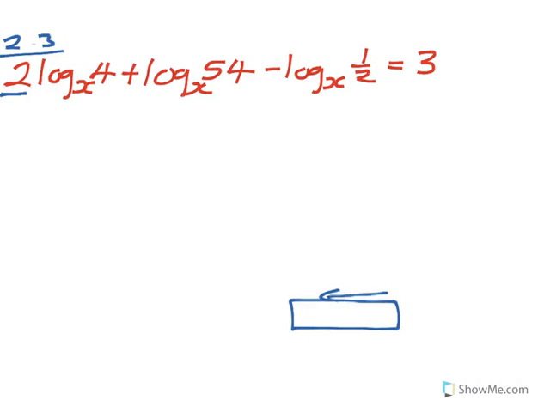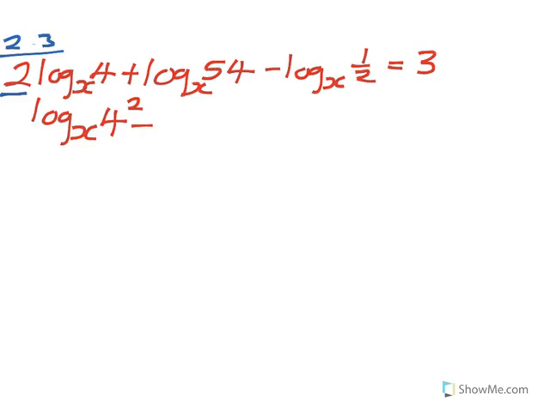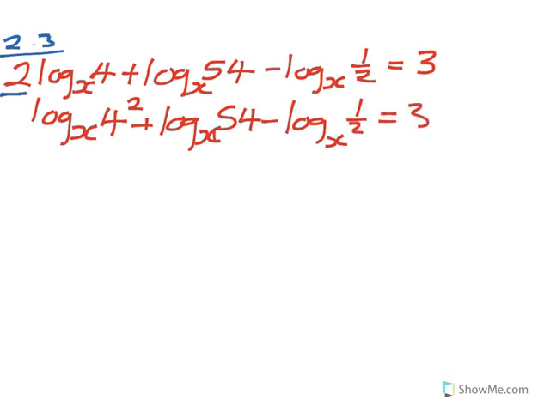Now if I erase that and bring back the way, we are going to have now log in base x. Remember, this is 4 squared, the 2 is now becoming a power, plus log base x of 54 minus log base x of a half is equal to 3.